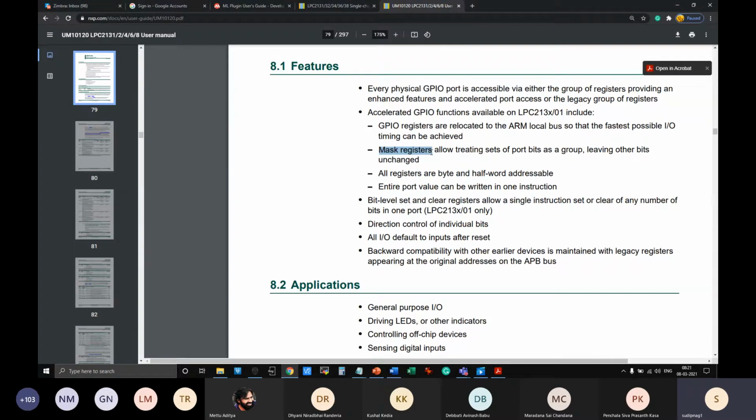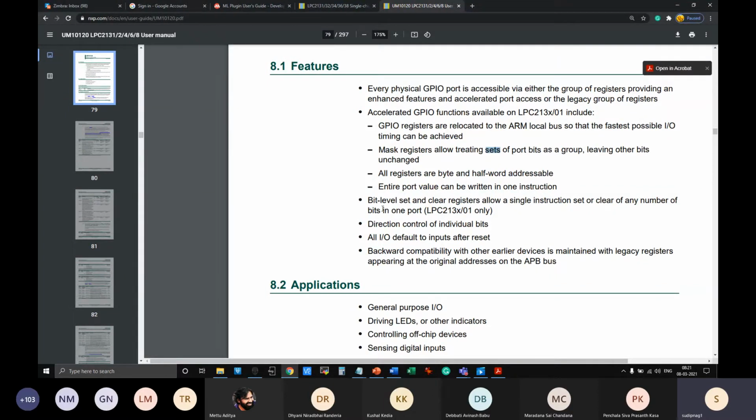Through these registers, you can actually treat some of the ports in a group. For a given type of communication or data, for example, you want to update 8-bit data at a time, you can make a set of 8 bits through the GPIO port, and then you can update it with a very low latency.